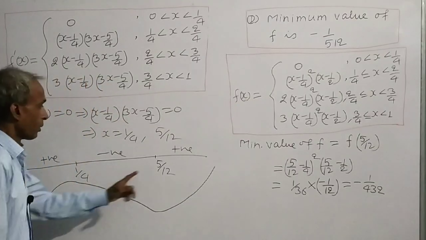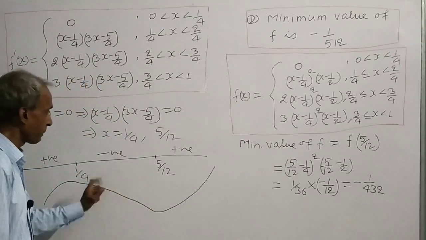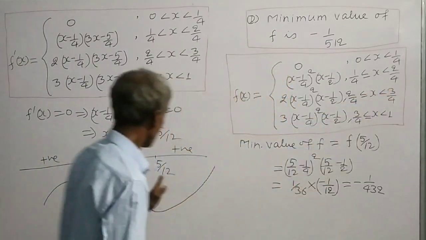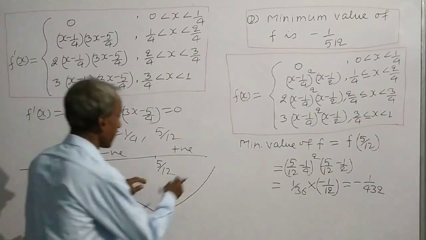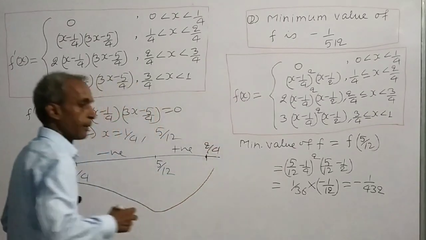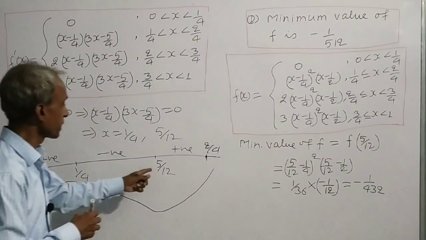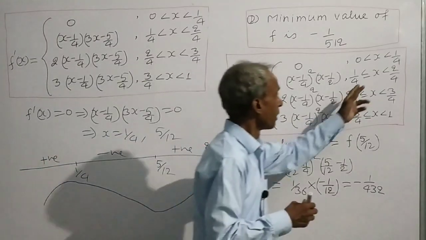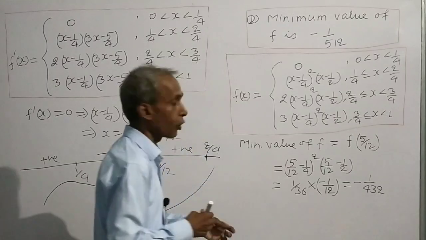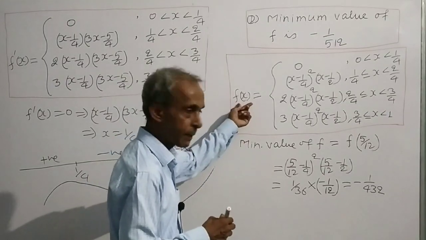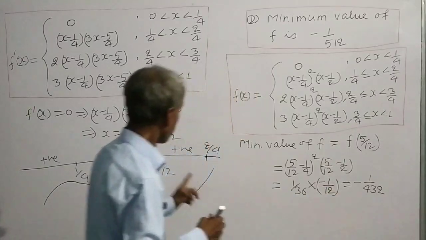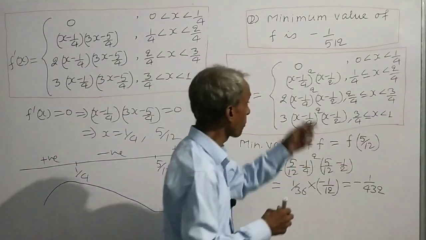Since 1/4 is less than 5/12 and 2/4 is greater than 5/12, this 5/12 lies in this interval.